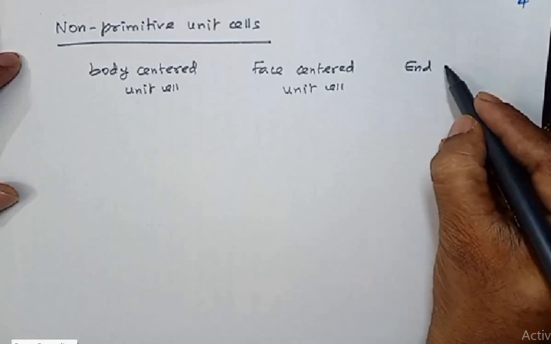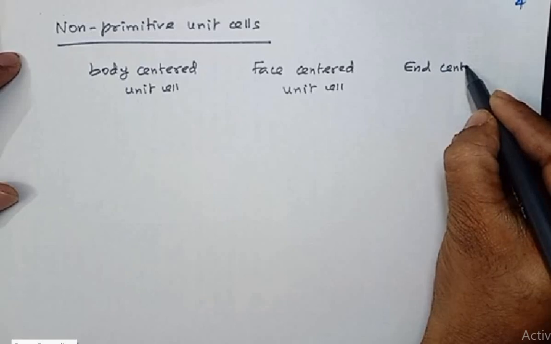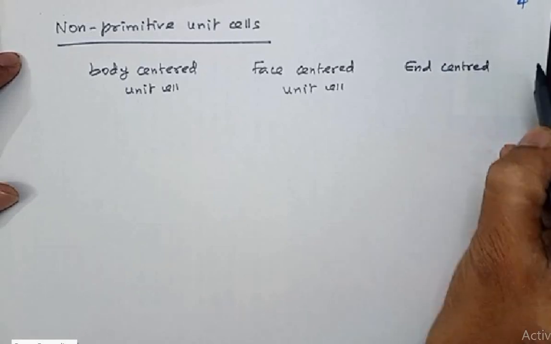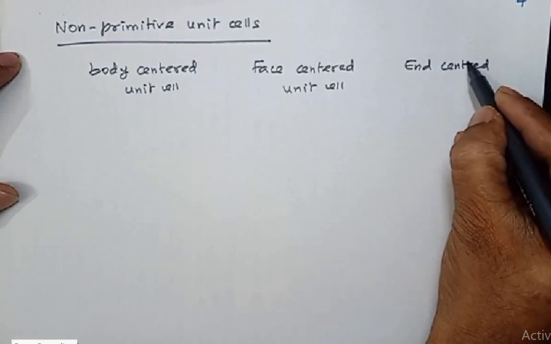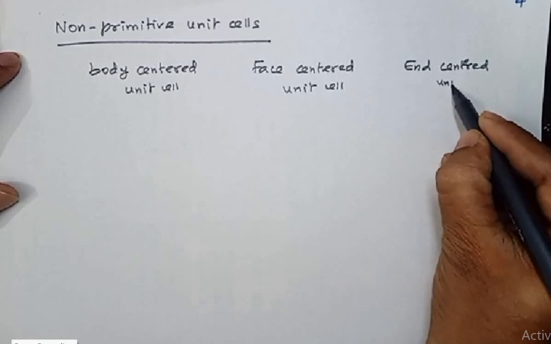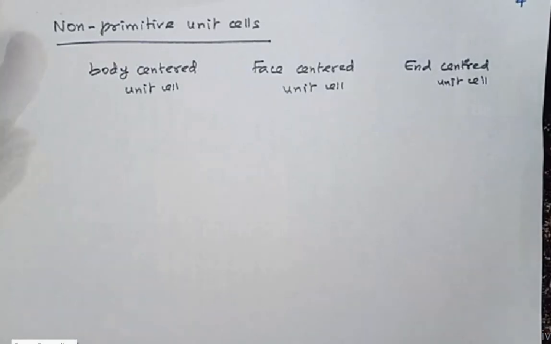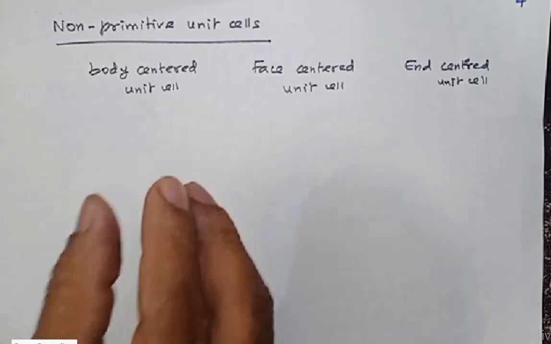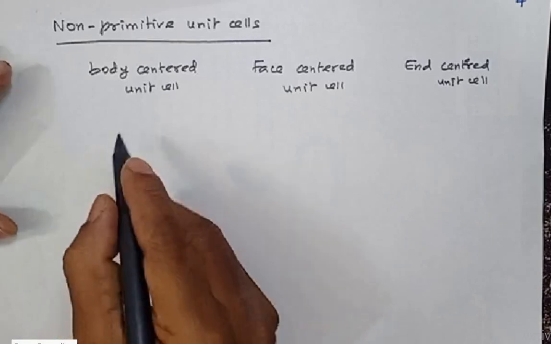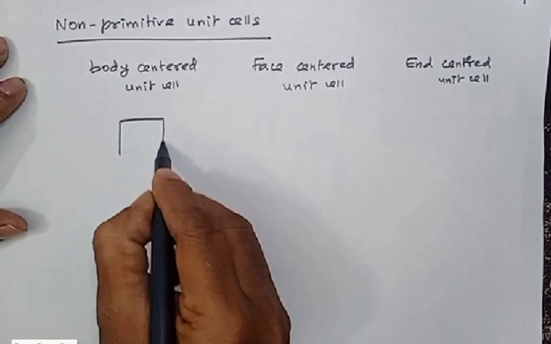End-centered, C-E-N-T-E-R-E-D, centered unit cell. Body-centered, face-centered, end-centered. What is a body-centered unit cell? I'll take a cube as an example.